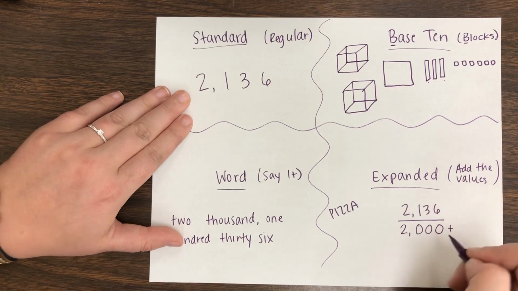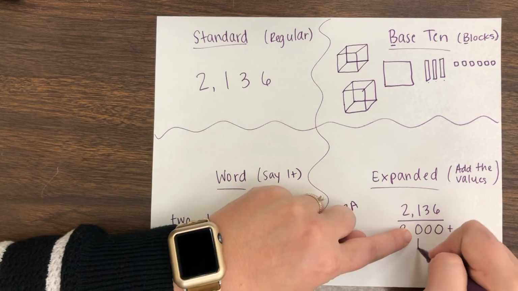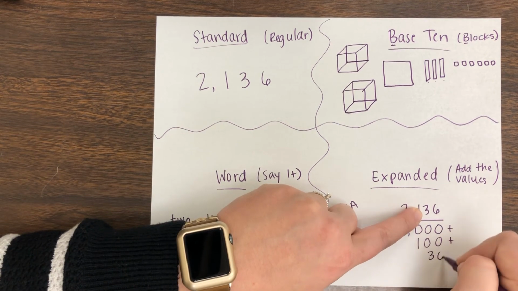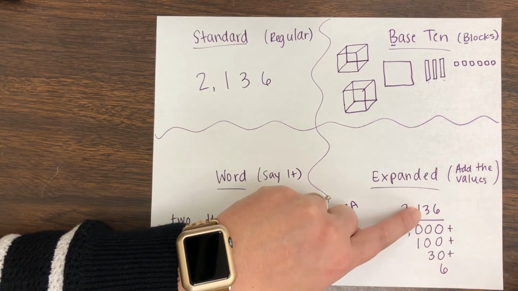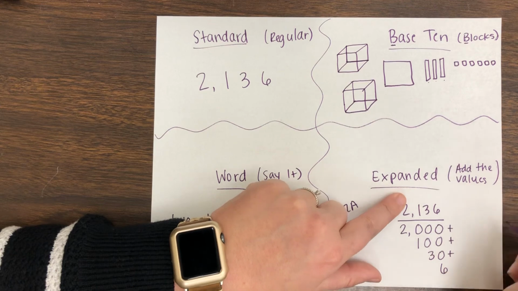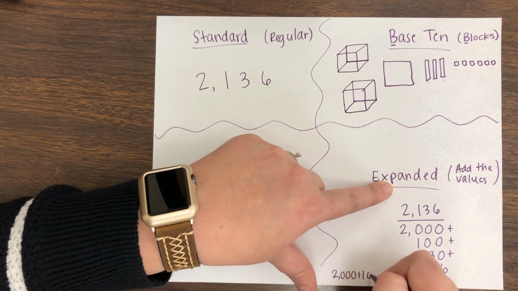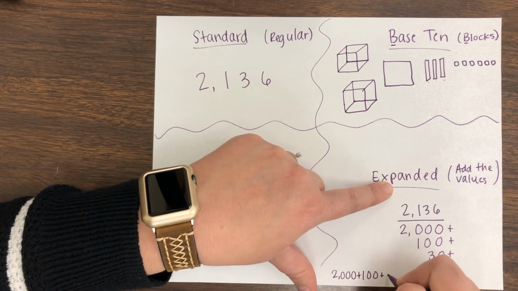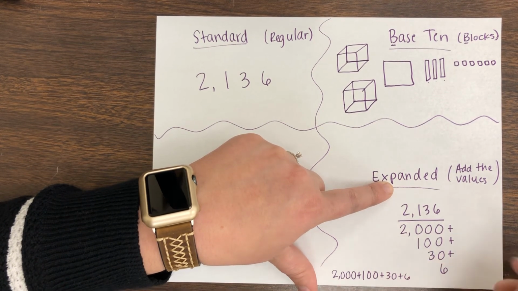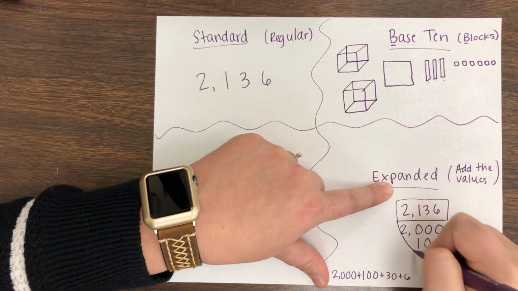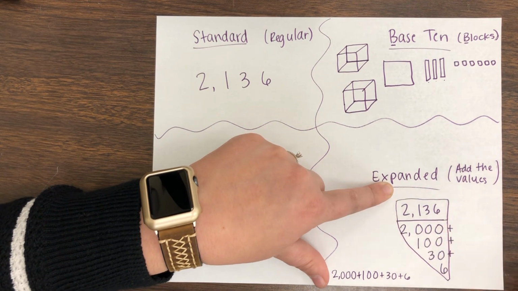So 2,000 plus, now because we dropped the 1 down, this is worth 100, plus drop the 3 down, 30, plus 6. And our expanded form would be 2,000 plus 100 plus 30 plus 6. You can do it with the pizza method, and it's called the pizza method because it looks kind of like a pizza slice after you're done with it.